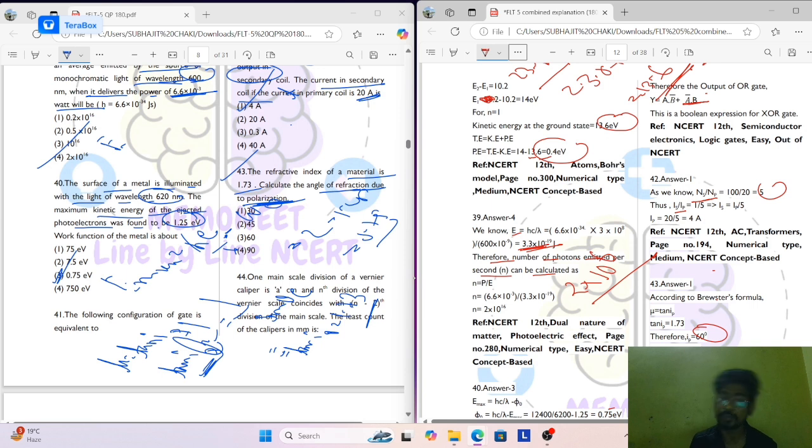Ip equals 60 degree. The refraction angle will be what? 90 minus 60, that is equal to 30 degree.